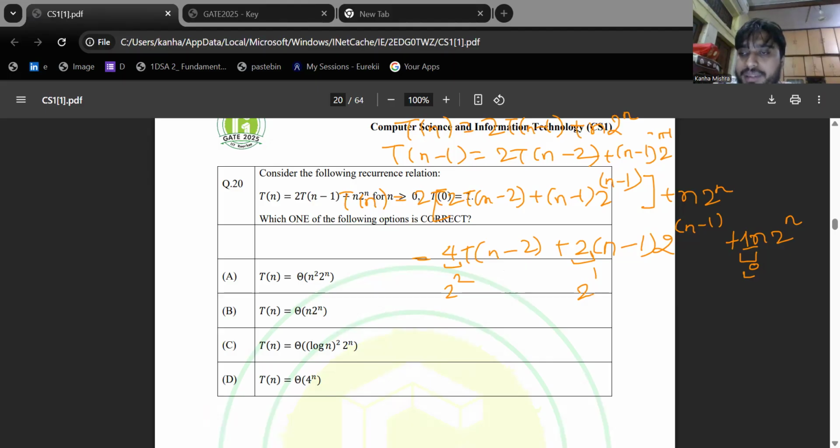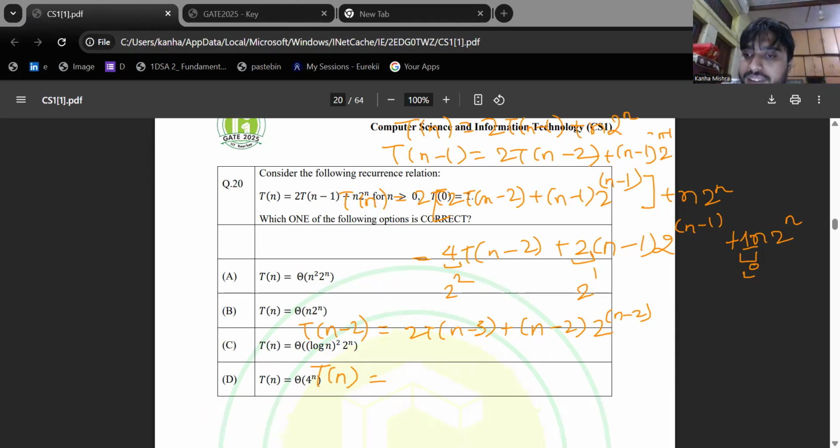If I expand it a bit more, T(n-2) will be 2T(n-3) + (n-2)·2^(n-2).